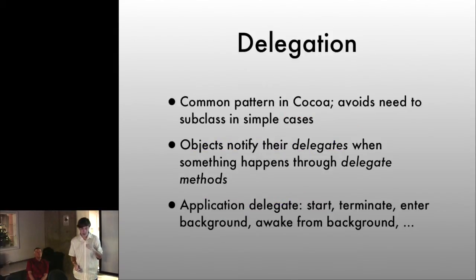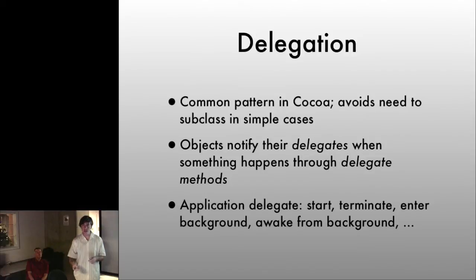Okay, so the rest of this is pretty much the same as what we've seen before. Again, delegation, as we'll see next Monday, is a really powerful pattern in Cocoa, and it comes up a lot. The canonical example for now is the application delegate, which Xcode provides for you by default when you make a new project. When the application starts, a method gets called on the app delegate. When the application goes into the background state, since iOS 4, it sends a method on that.